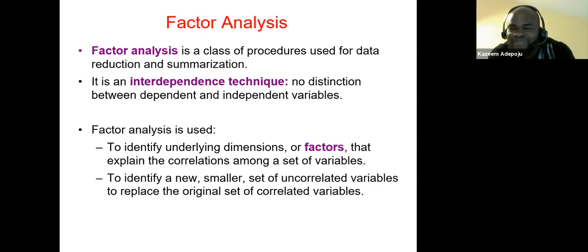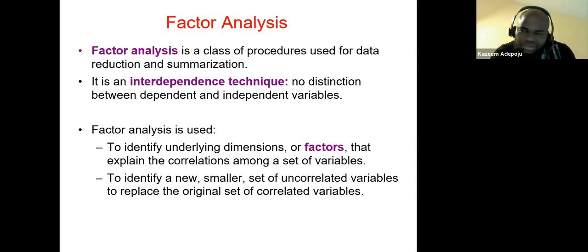You remember in principal component analysis, when we have a problem in multiple linear regression, a problem of multicollinearity, what do I mean by multicollinearity? When the predictor variables are correlated, we use principal component analysis. I walked you through how we can use it to convert a correlated set of variables into uncorrelated ones.